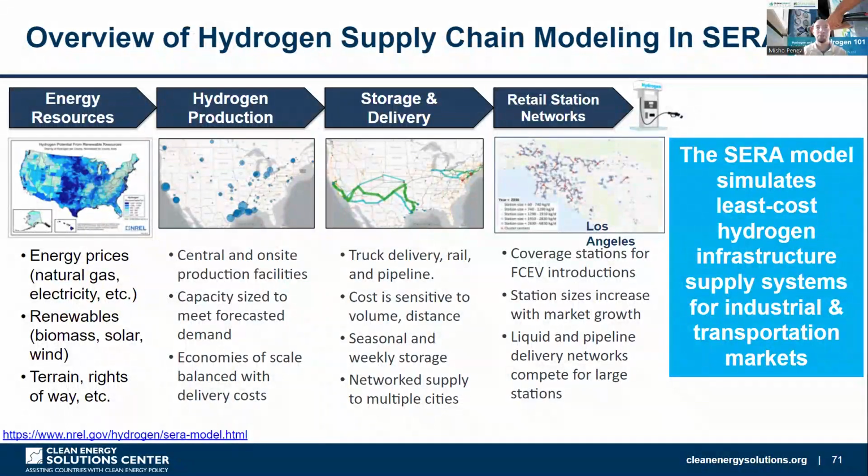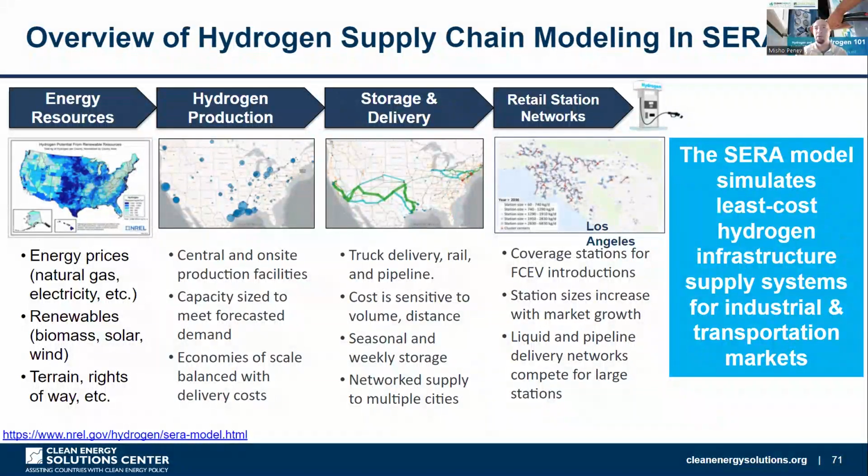It considers energy resources, it considers existing production pathways, and then connects supply and demand, also builds out any additional production facilities over time in order to achieve the demand growth for hydrogen in various locations throughout the United States.